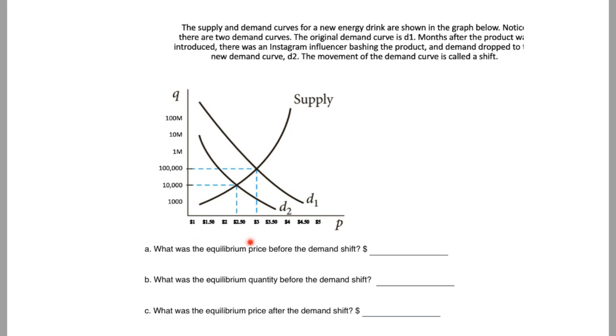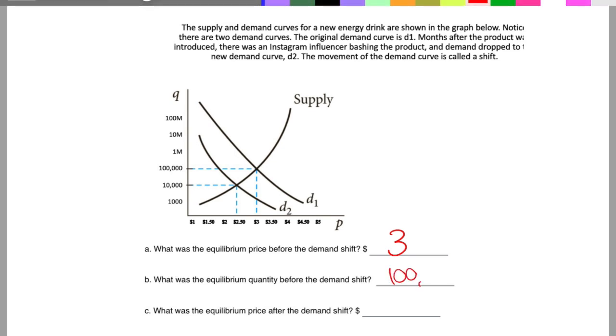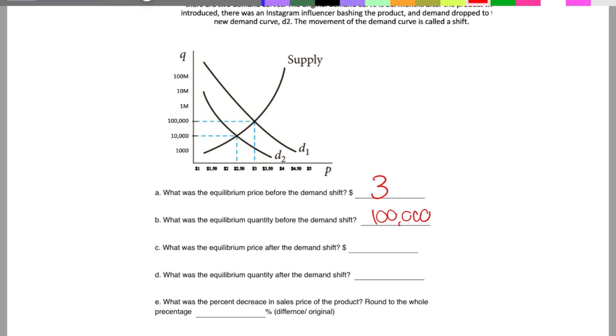All right, so what was the equilibrium price before the demand shift? Equilibrium price is right here at $3. What was the equilibrium quantity before the demand shift? Right here, the quantity was 100,000. Next one, what is the equilibrium price after the demand shift?